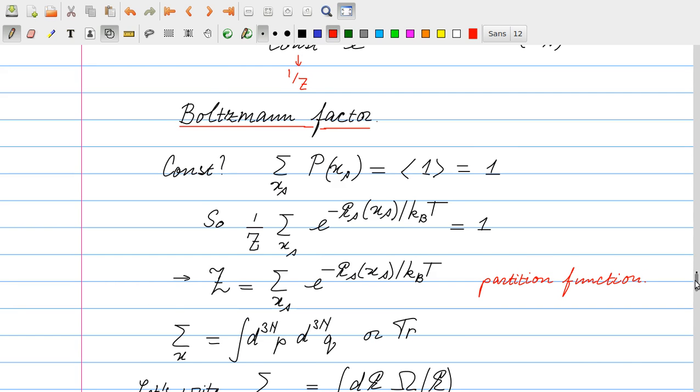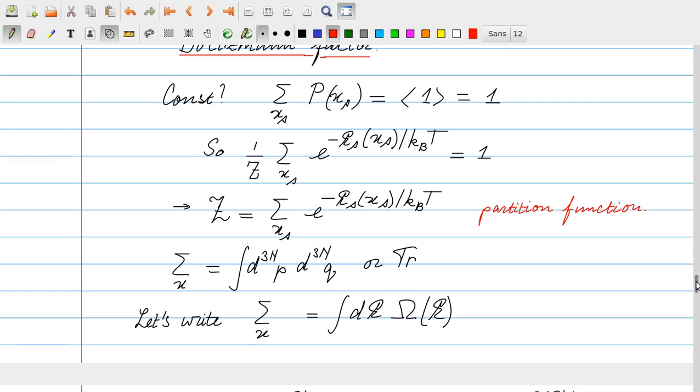Now on a side note, I have only mentioned so far, I've used a symbolic notation where the sum over the states accessible to the system is denoted as a sum over some x. And you should always realize that this can be a much more complicated thing.